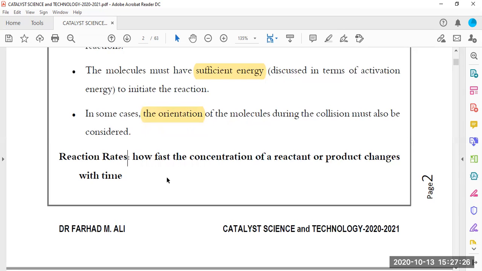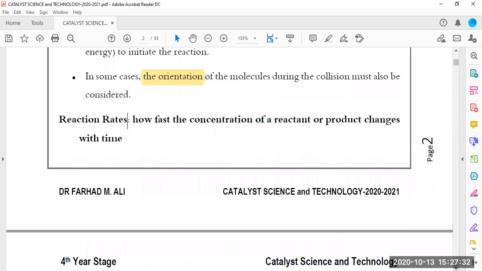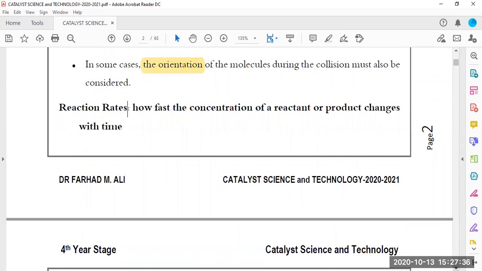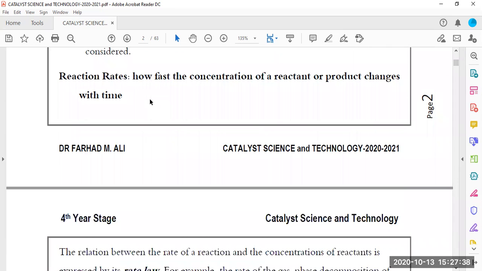So you need time. In any speed or rate or velocity, we have time. In a chemical reaction, we don't have kilometers or miles. We have a change in concentration divided by time.